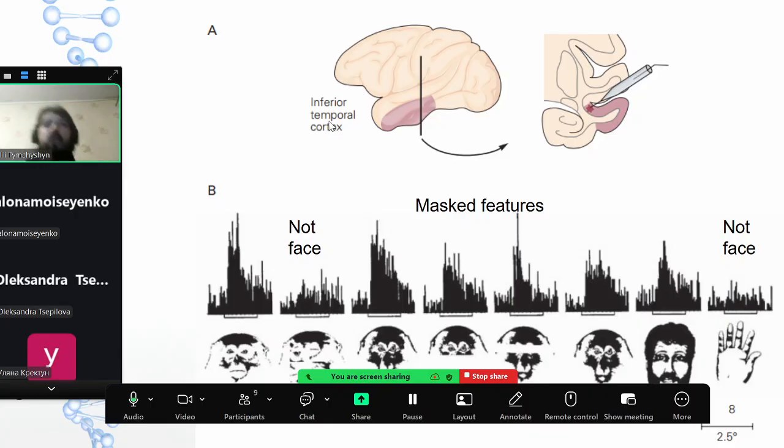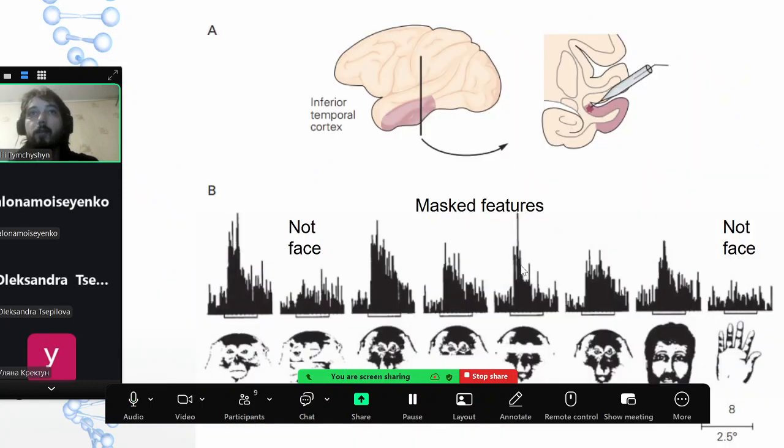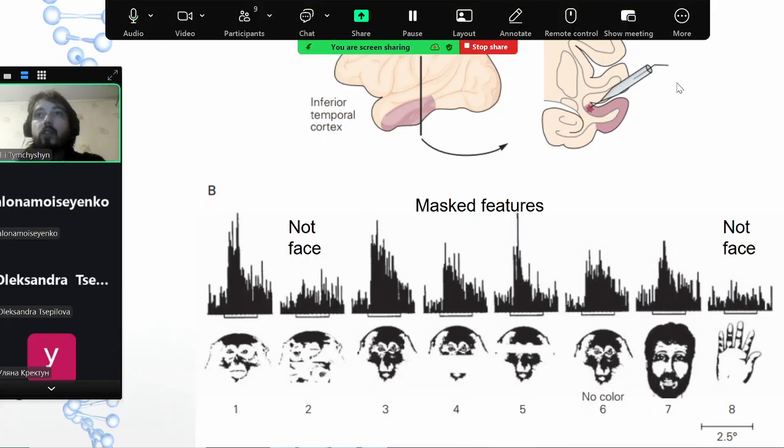So here you see the inferior temporal cortex. On the previous slide, here it is. This IT, that's inferior temporal cortex. And in this part of the brain, if we record action potentials from that part, we may see that it reacts to faces.